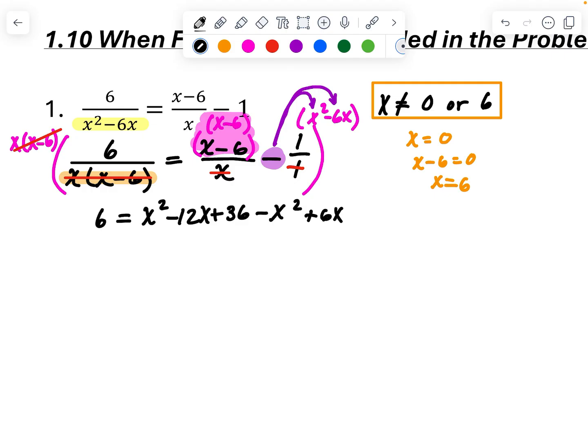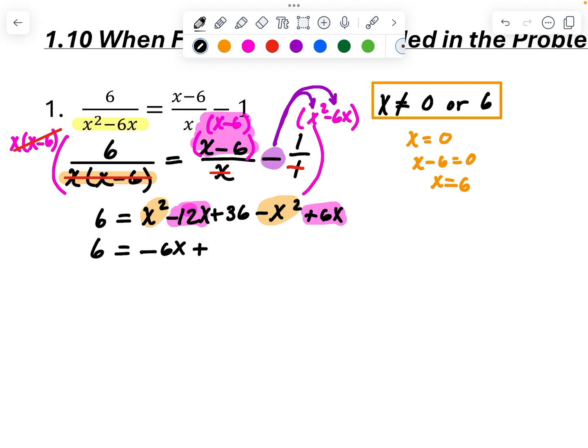So then we go ahead and we combine like terms. We have an x squared here, and the opposite of x squared here, so those will cancel each other out. And then we have 6 equals negative 12x and positive 6x are going to give me negative 6x.